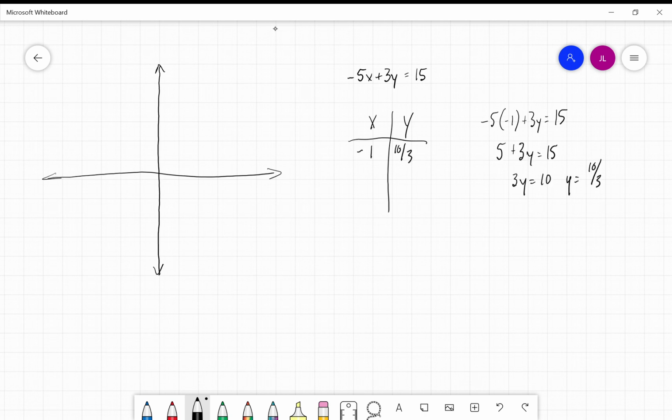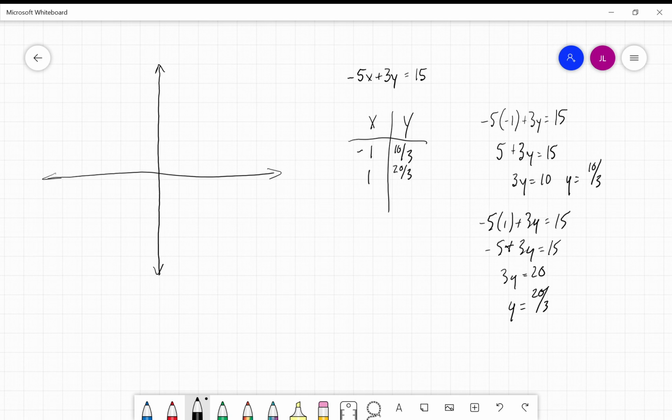Now what about if x is 1? Negative 5 times 1 plus 3y equals 15, so we have negative 5 plus 3y equals 15. Now we add 5 to both sides. We get 3y is equal to 20, so y is equal to 20 over 3. Let's take a minute here.